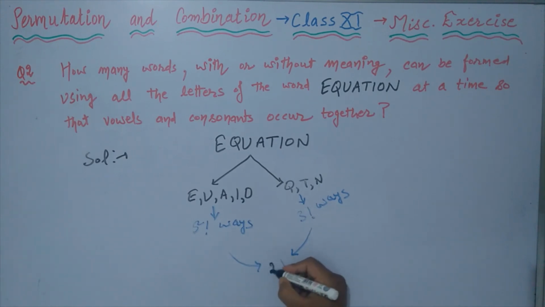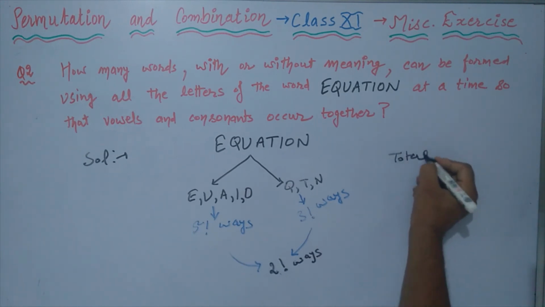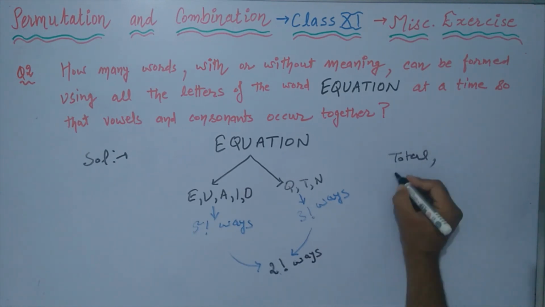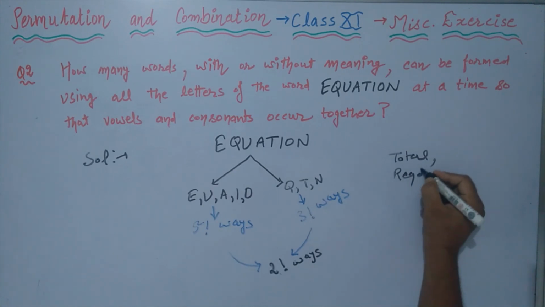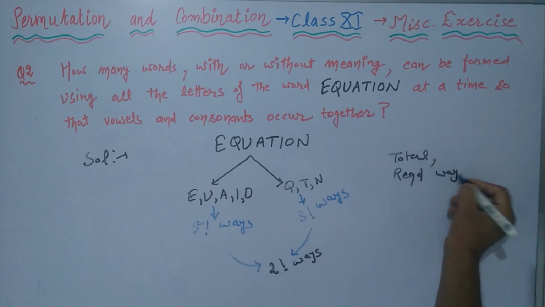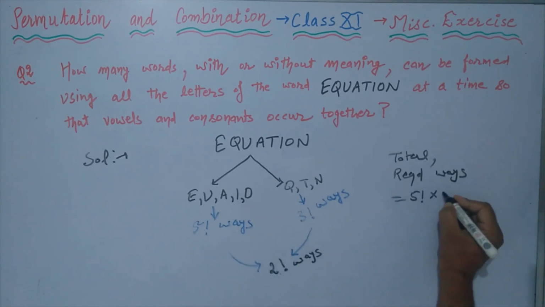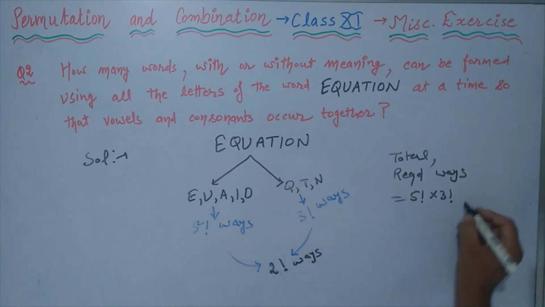So this way, total, that is required number of ways is equal to 5 factorial into 3 factorial into 2 factorial.